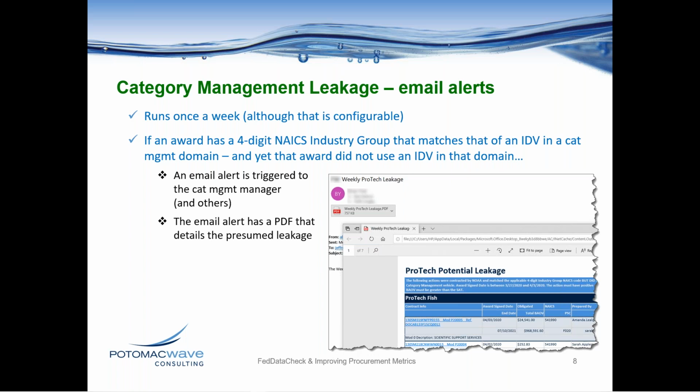But you could run all the NAICS codes for a given time period, sort it, look for the ones that start with 5416, look at the contract description, and determine whether that's someone you need to talk to the CO about and ask why they didn't use your domain. Or you can have a database do it. Obviously, we think it's much better, easier, and more efficient to program the rules into the database.